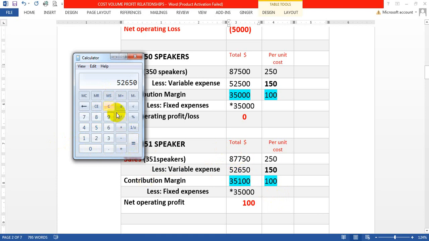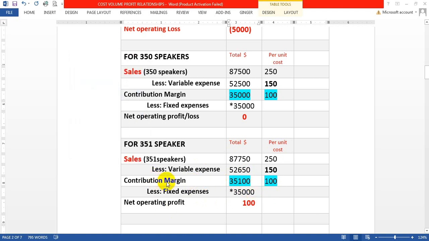Okay, what is my contribution margin? I can deduct 52,650 from 87,750. So what did I get? 35,100. The contribution margin is greater than the fixed expense, right?